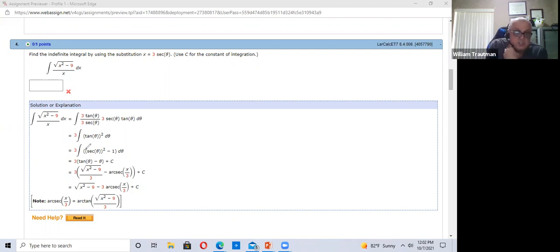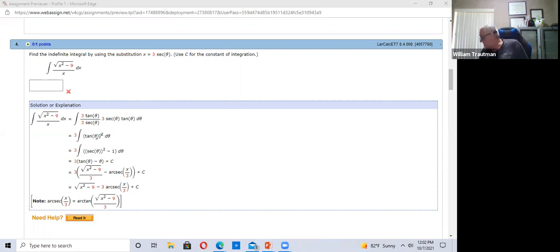That converts nicely, if you look at your trig identity sheet, to secant squared theta minus 1. And now we're going to integrate. So integrating secant squared theta.